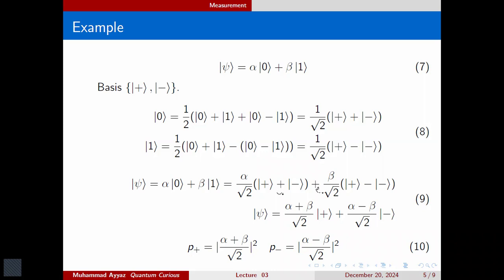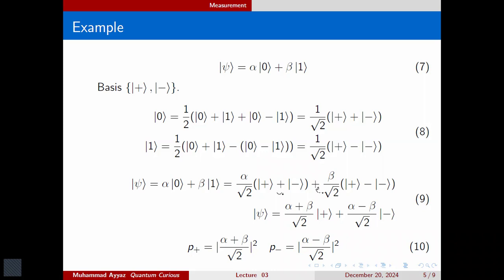We can see that the probability amplitudes are modified, and they are given as alpha plus beta over square root 2 for the plus state and alpha minus beta over square root 2 for the minus state.